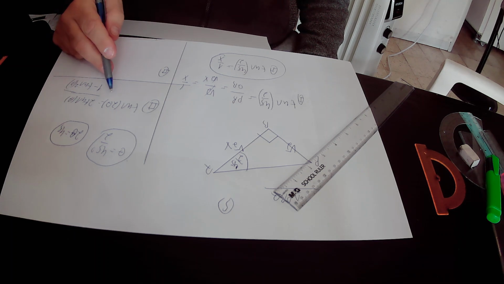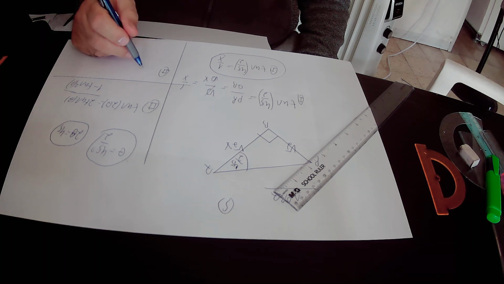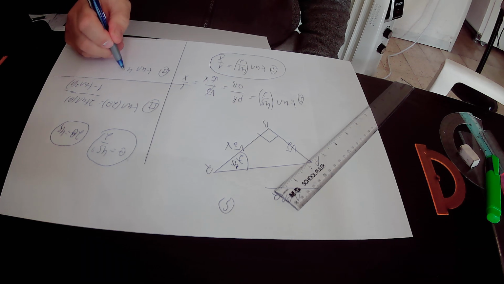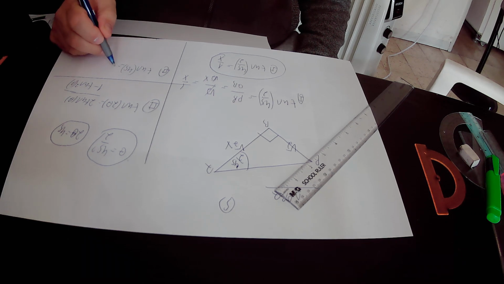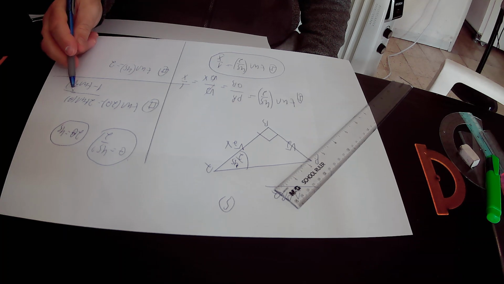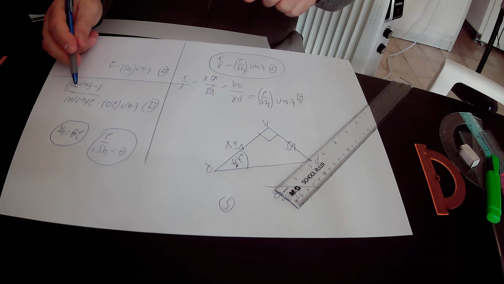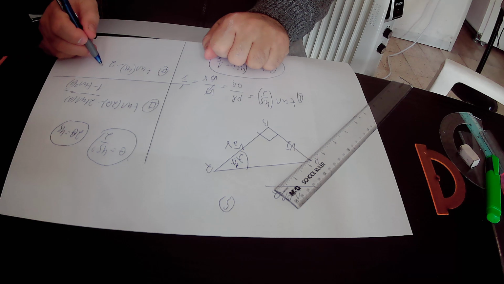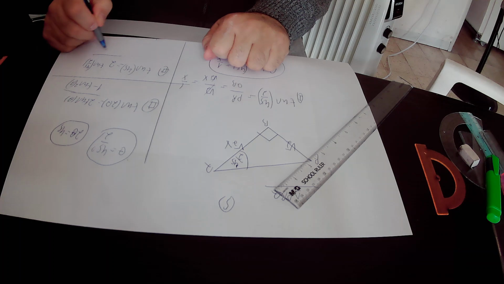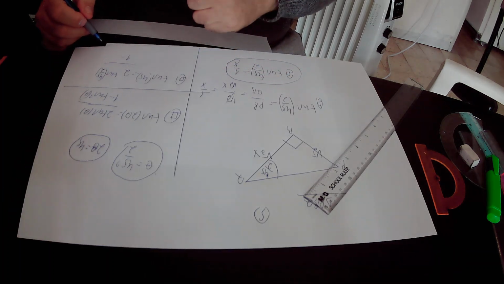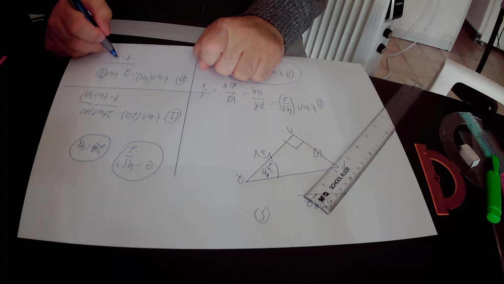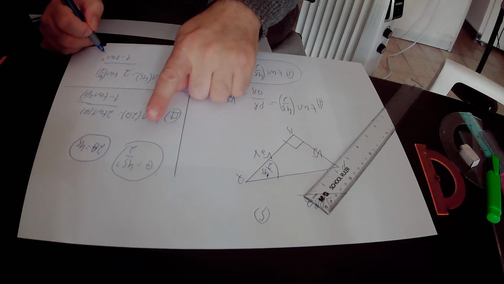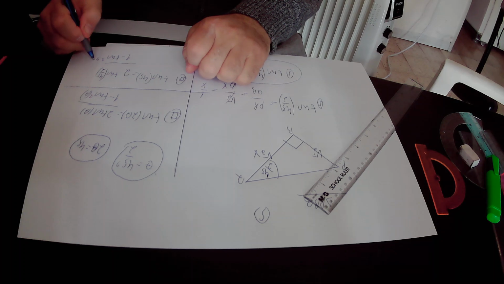We substitute 2 theta by 45 degrees, and we get that tangent 45 degrees equals 2 times tangent theta over 1 minus tangent squared theta, where theta is 45 degrees over 2.